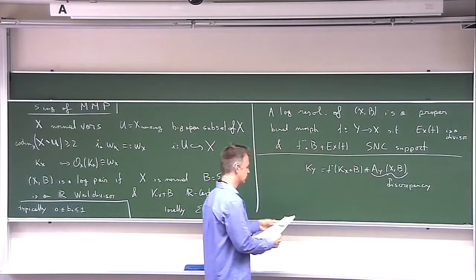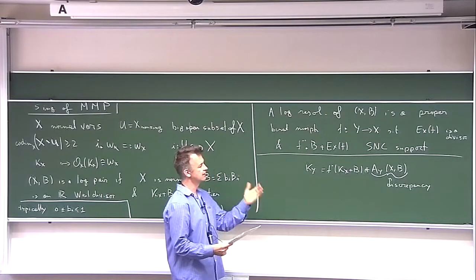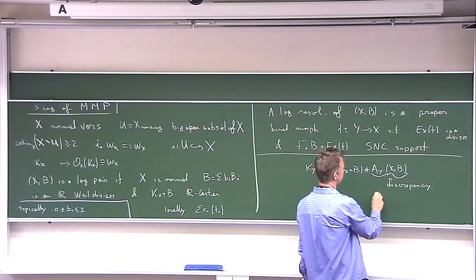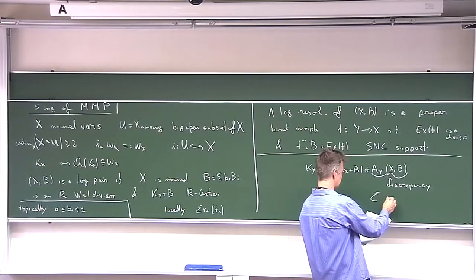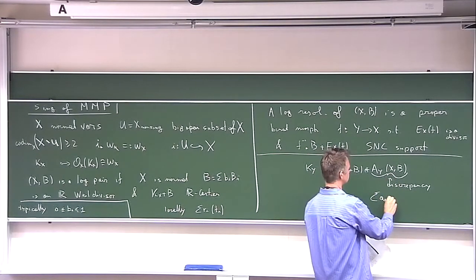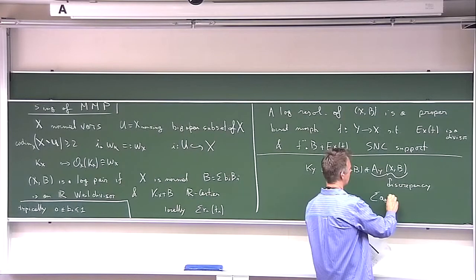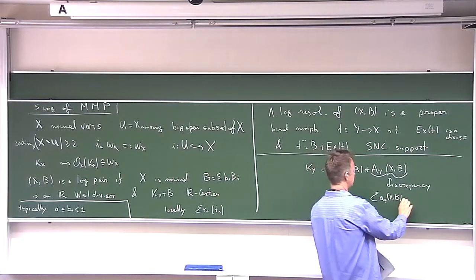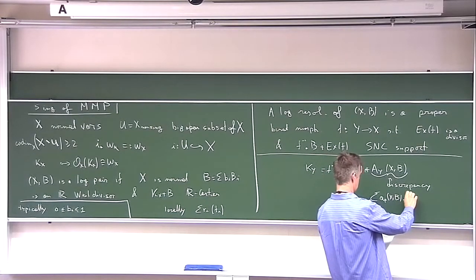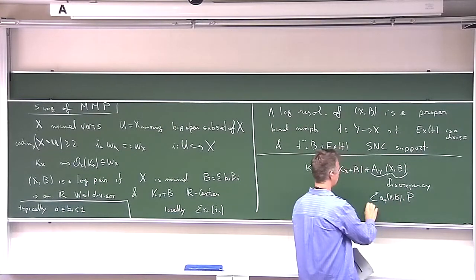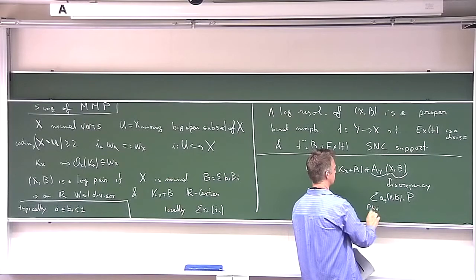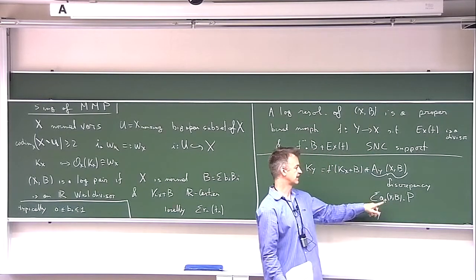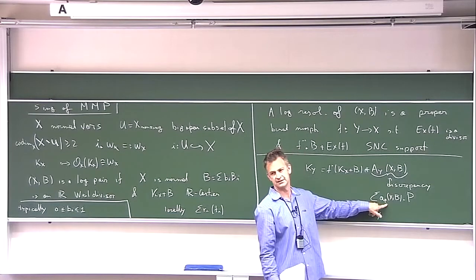Okay. So this is a divisor. Its coefficients could be positive or negative. So this divisor is of the form a sum over some prime divisors P, with coefficients, let's say a_P, depending on X and B. Pretty soon I'll suppress the X and B. Here P are divisors on Y. And for all but finitely many divisors on Y, this number is 0.